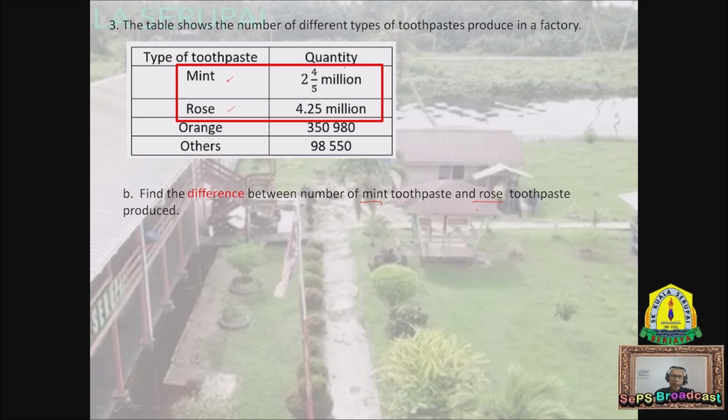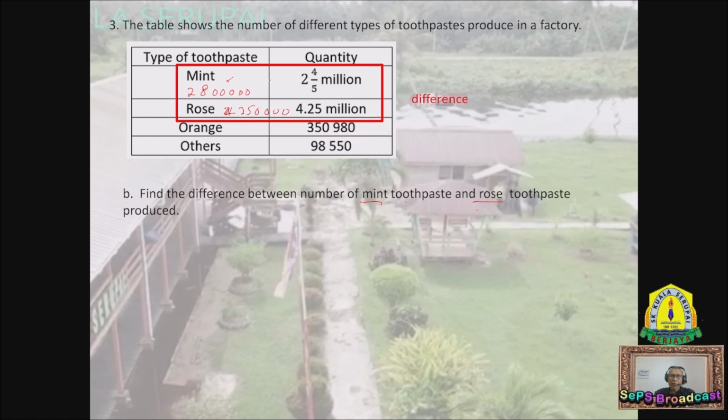Earlier you converted the fraction of a million to a whole number, so we get this one. And for the rose, the same thing, we calculated it earlier, 4,250,000. So we need to find the difference.